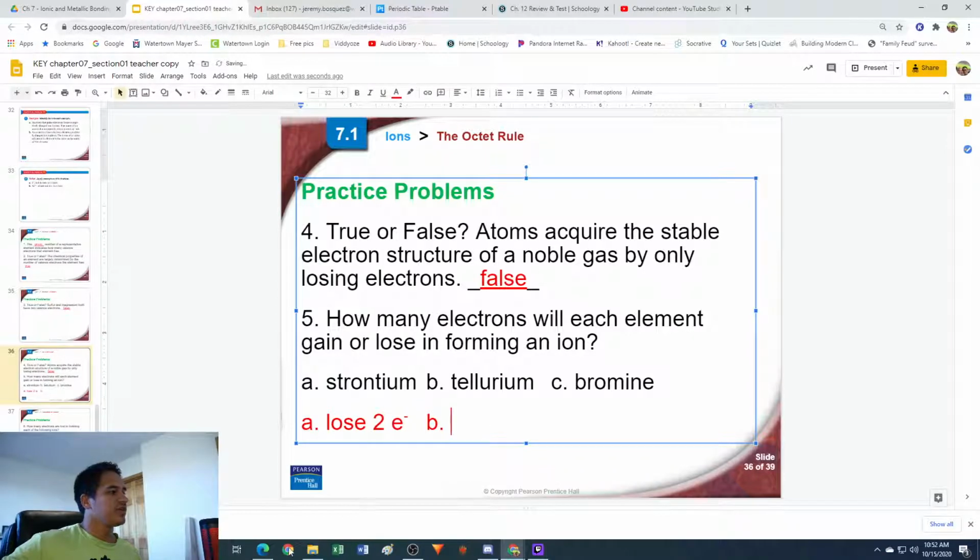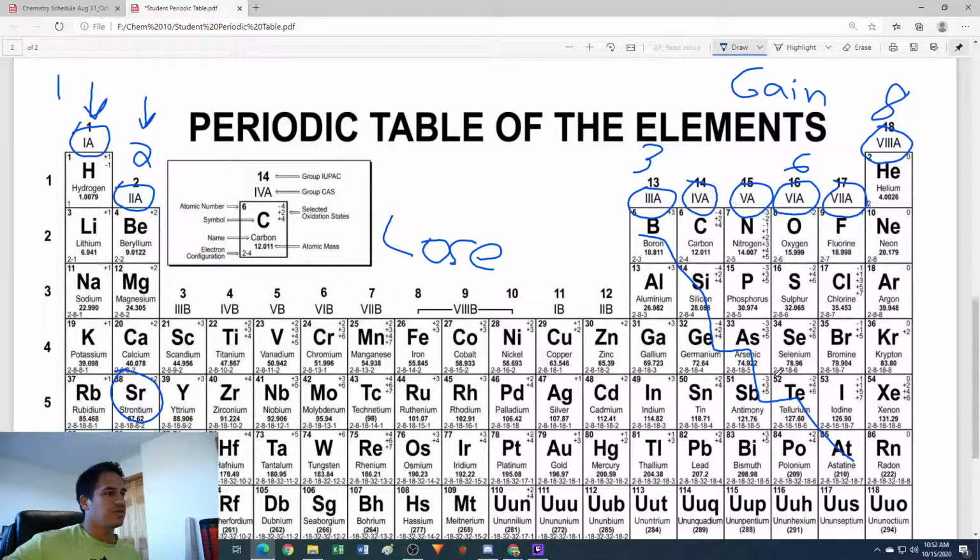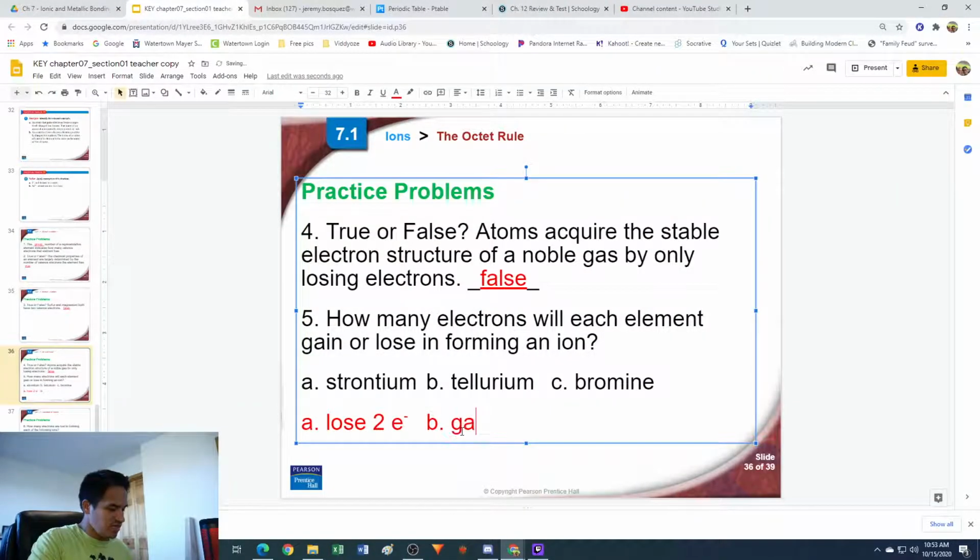All right, tellurium. Tellurium is right here. It is in column 6 of the periodic table, and so it has 6 valence electrons. These are, again, more likely to gain electrons, and it's trying to get up to 8. So it's trying to go from 6 to 8, which means it only needs to gain 2 electrons for that to happen. So this one is likely to gain 2 rather than lose 2.